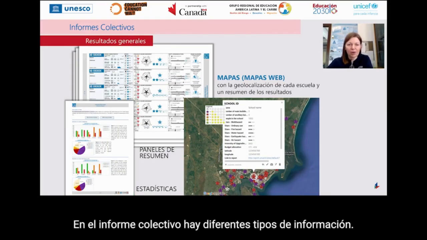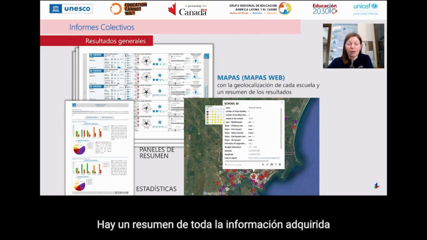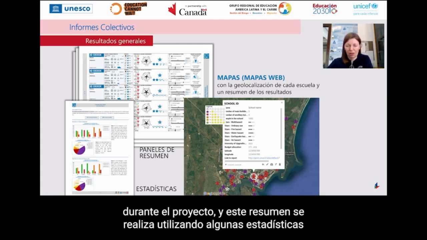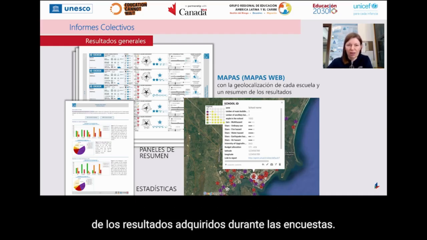In the collective report, there are different types of information. There is a summary of all the information acquired during the project, and this summary is then providing some statistics on the outcomes acquired during the surveys.